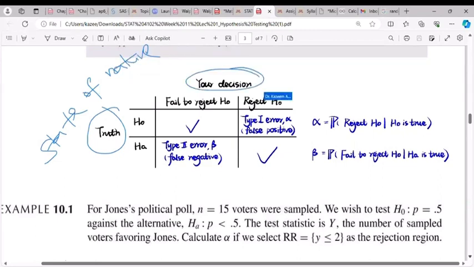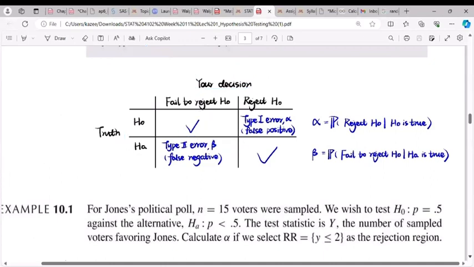When the null hypothesis is true and you fail to reject it, that is a correct decision, and that is why you see that mark here. That means you have a correct decision. The null hypothesis is true because nature knows that it is true, and you fail to reject it, then that's a correct decision.